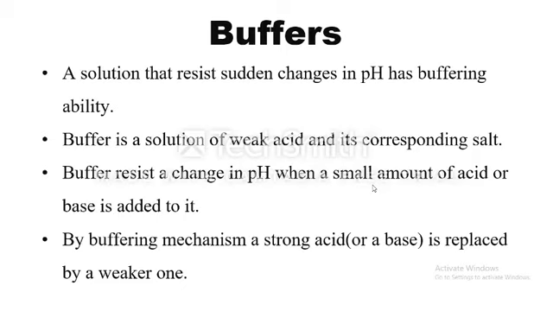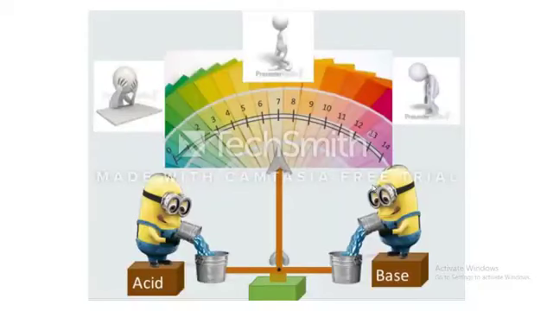This combination of weak acid and its corresponding salt is basically a buffer. A buffer resists a change in pH when a small amount of acid or base is added to it. By the buffering mechanism, a strong acid or base is replaced by a weaker one. So this is how the buffer performs its function and resists the change in acidity or basicity of a solution.